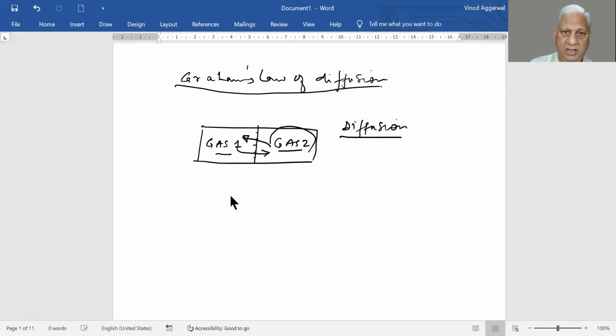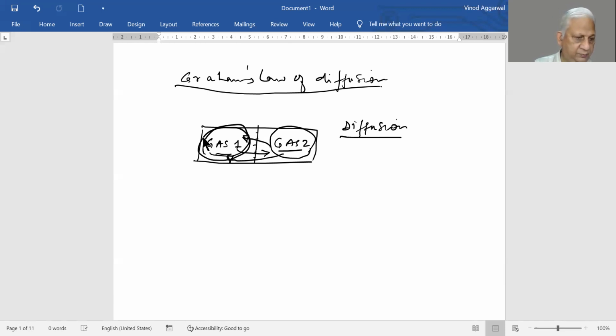Here gas 2 is trying to diffuse into gas 1, and here gas 1 is trying to diffuse into gas 2. So both the processes go simultaneously.